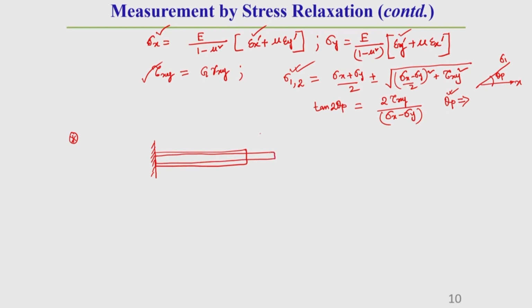After elongation, we restrain its movement, that means we lock it. On this elongated surface we put the strain gauge.